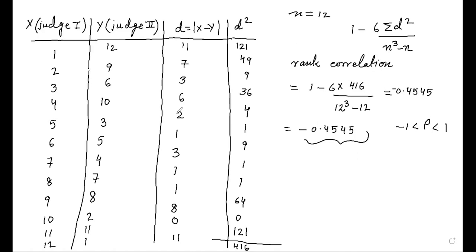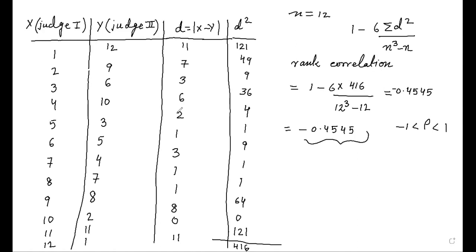And if we get a negative value, then there is an opposite correlation, that means a poor correlation between the two ranks given in the data. So this is how we evaluate the rank correlation if the qualitative rank is given to us as statistical data.